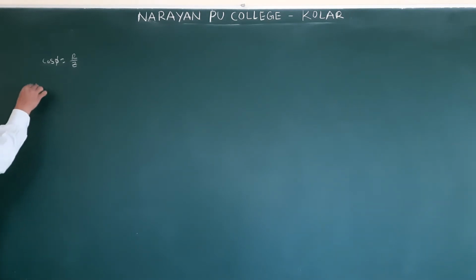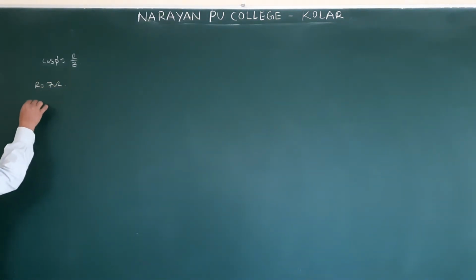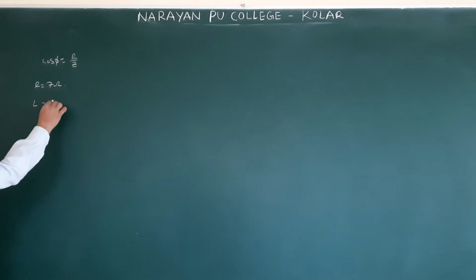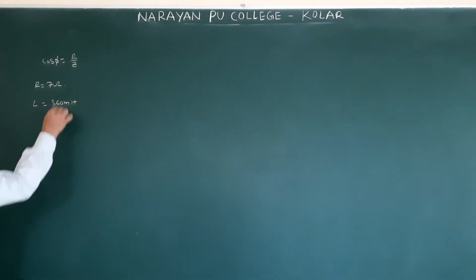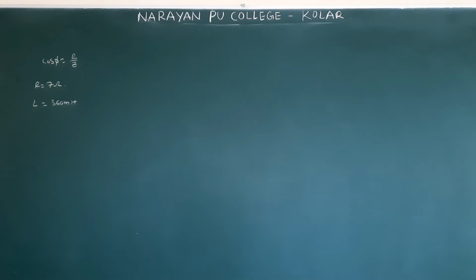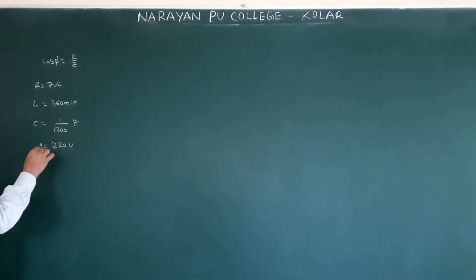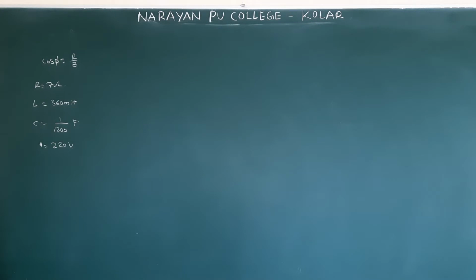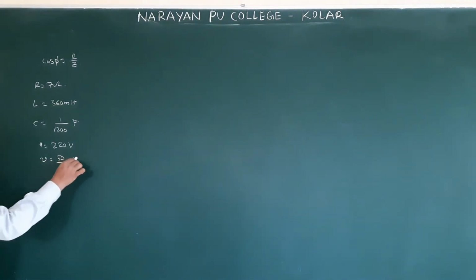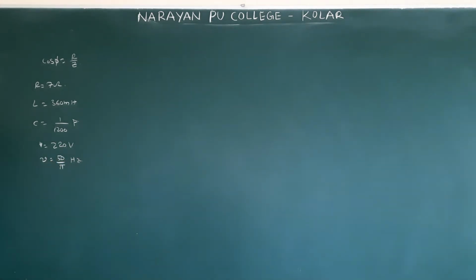R is equal to 7 ohms, L is equal to 360 millihenry, C is equal to 1 by 1200 farads, and the voltage is 220 volts. Frequency they gave is 50 by pi. Almost all frequencies they are giving as 50 by pi.